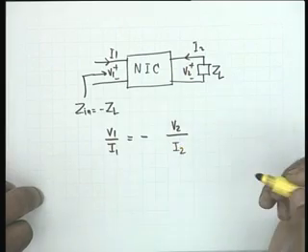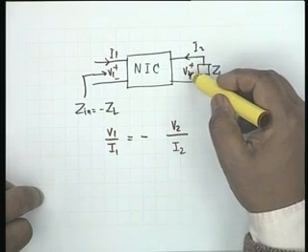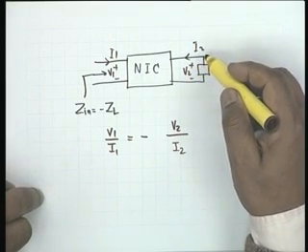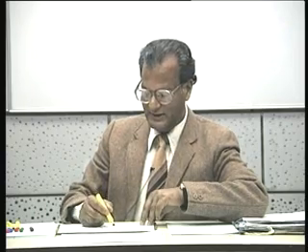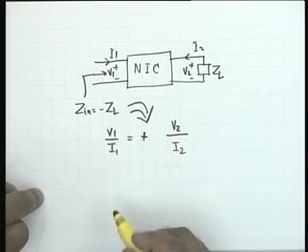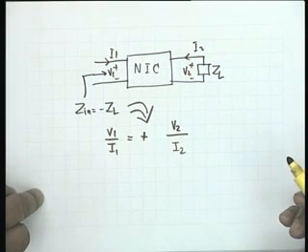No. The relation between V2 and I2 is V2 equal to minus I2 ZL, isn't that right? Because the directions do not agree, and therefore this sign would be plus. Z in equal to minus ZL indicates that V1 by I1 is equal to V2 by I2.